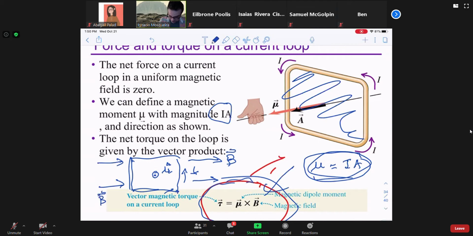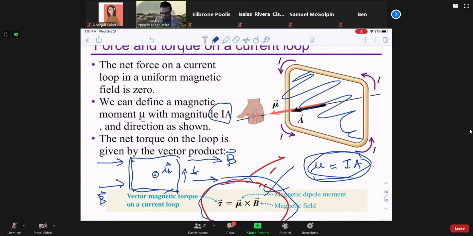What I mean by this drawing is that now there is a 90-degree angle between the B field and the mu. The mu is coming out of the board. The magnetic moment is coming out of the computer screen, but the magnetic field is going to the right. So there is a 90-degree angle between the two.